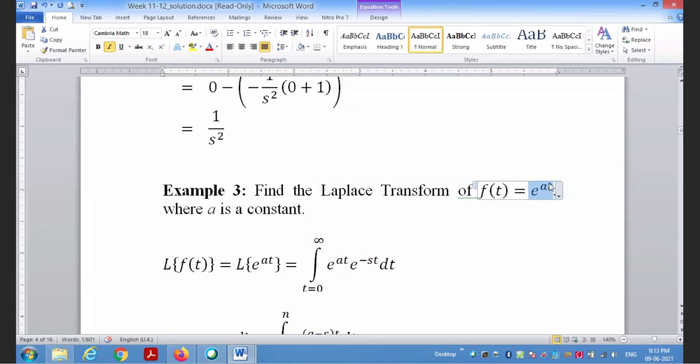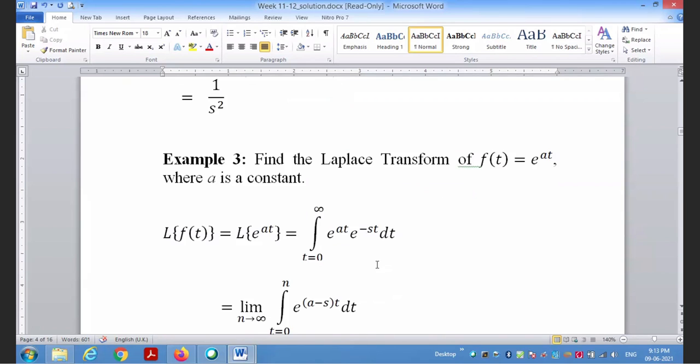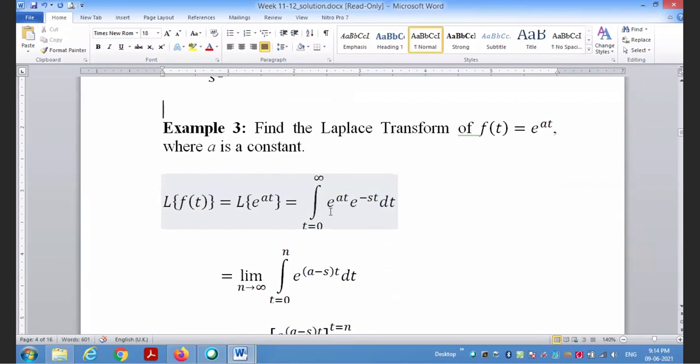So do the same thing, you replace f(t) with e^(at). So this one will become e^(at) times e to the power of minus st, using the definition. e^(at) times e^(-st) can be written as e to the power of at minus st, or e to the power of (a minus s) times t.